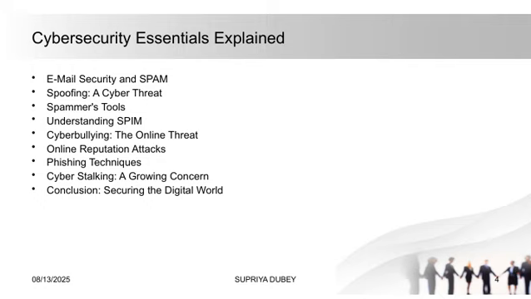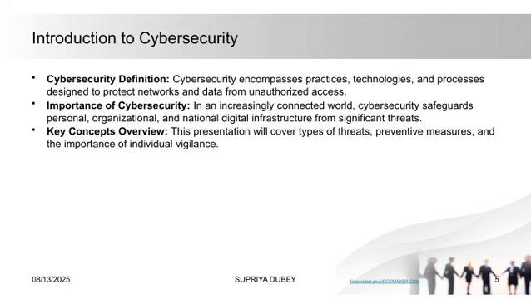Cyberstalking is a growing concern, where individuals are harassed or monitored online, often leading to real-world safety issues. Finally, we'll wrap up with some practical tips on how to secure our digital world, emphasizing the importance of awareness and proactive security measures. This overview ties into our overall goal of fostering a safer, more informed online environment for everyone.